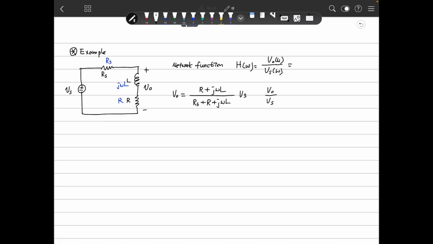Vo over Vs will be (R plus j omega L) over (Rs plus R plus j omega L). This is the network function. So the other name of network function is transfer function.